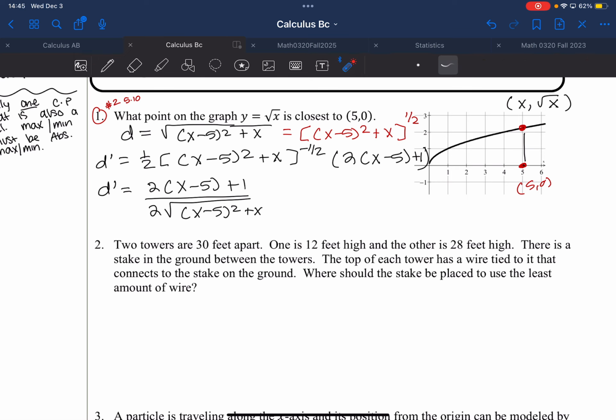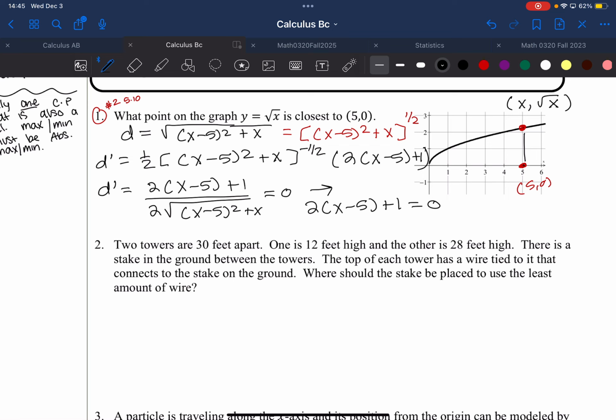Okay, so I just moved this entire part here to the denominator because of that negative exponent, and then everything that was left remained on the numerator. Okay. Now I need to set this derivative equal to 0, which means really, what am I setting equal to 0? The numerator.